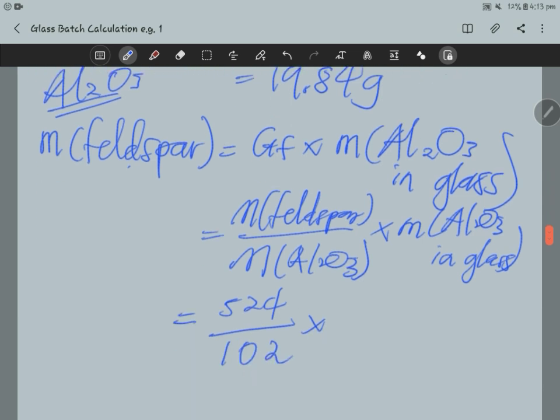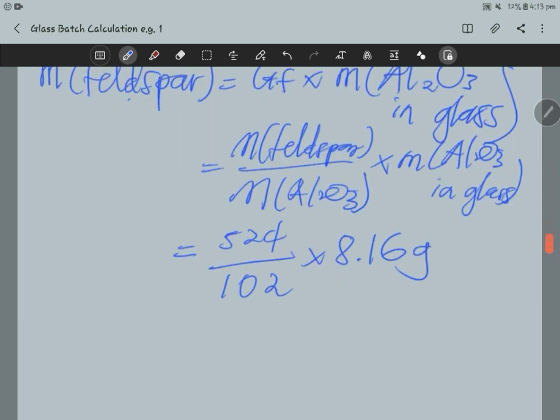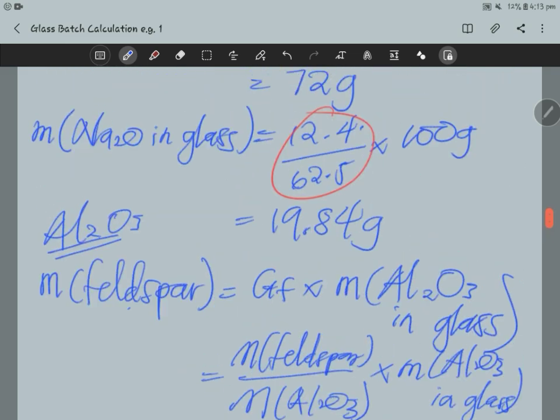Yes, 8.16 grams. So we have a feldspar mass we need, 524 over 102 times 8.16, right? So we need a feldspar amount of 41.92 grams, right?